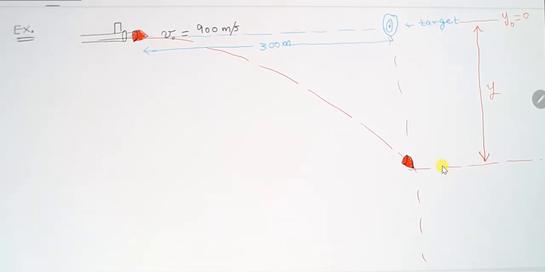You have the wind speed. You have to calculate the air resistance. You have even to calculate the spin of Earth. If you shoot, for example, from south to north or north to south, it is different than if you shoot east to west.